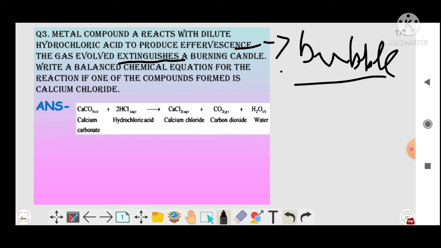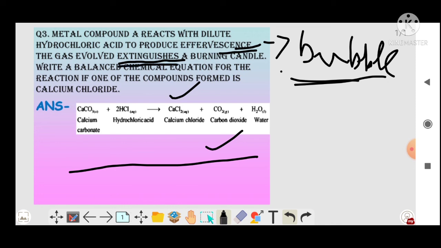Write a balanced chemical equation for the reactions if one of the compounds formed is calcium chloride. One of the compounds is given, calcium chloride, so we have to write a balanced equation. We know that the gas is obviously carbon dioxide. Carbon dioxide produces effervescence, bubbles, and extinguishes or blows out a burning candle. So what is the balanced chemical equation?